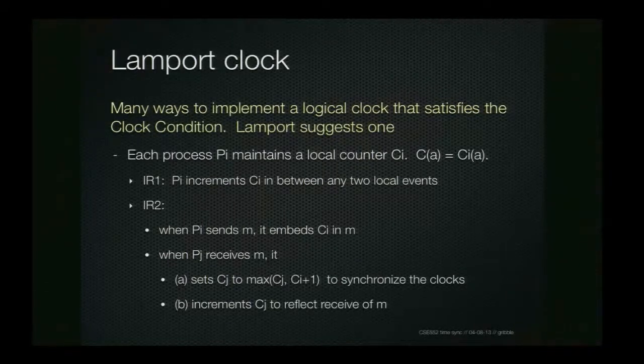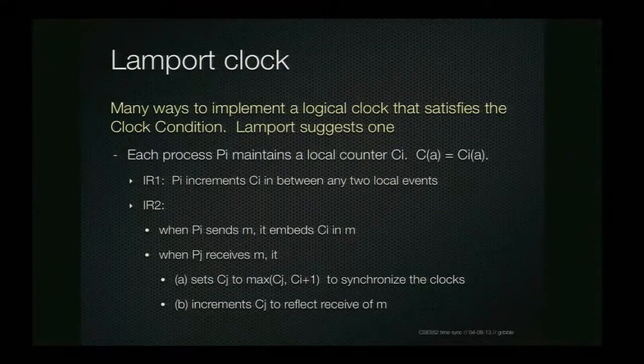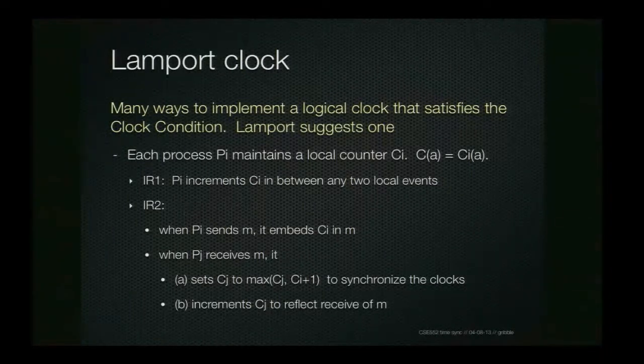Okay? If I'm a process and I send you a message and you receive that message, what do we have to do? Send your timer. I have to embed inside of that message my clock's value. Why? What's the intuition behind why I have to do this? Because you have to make sure that receiving the message happened after I sent it.